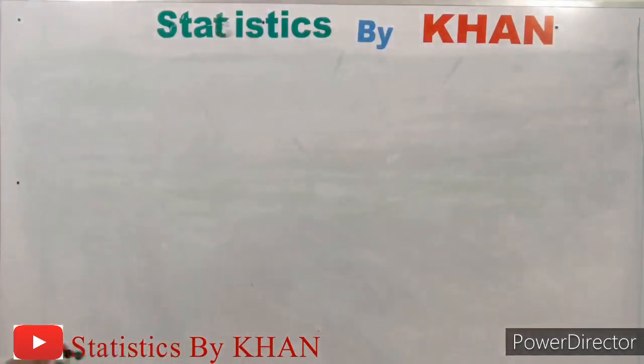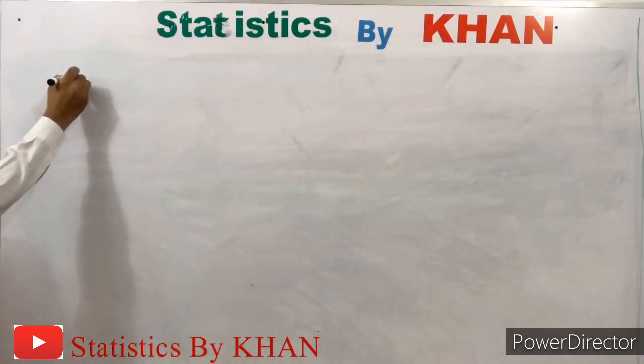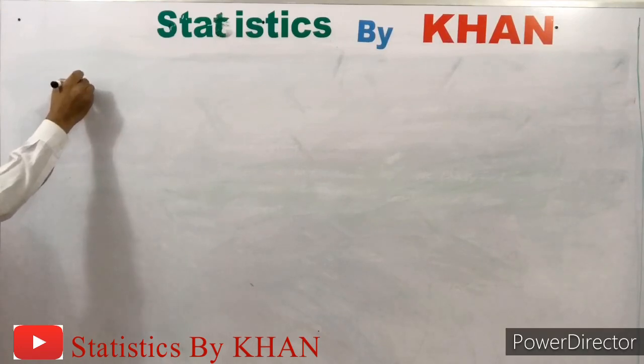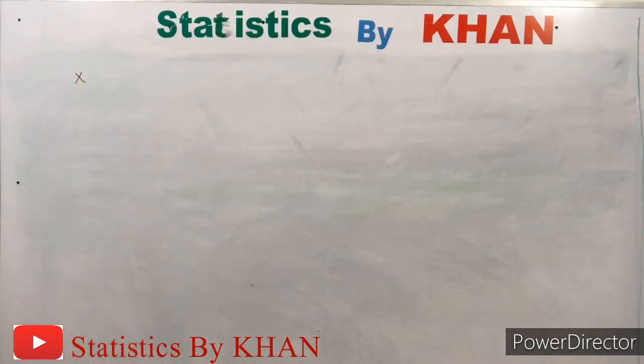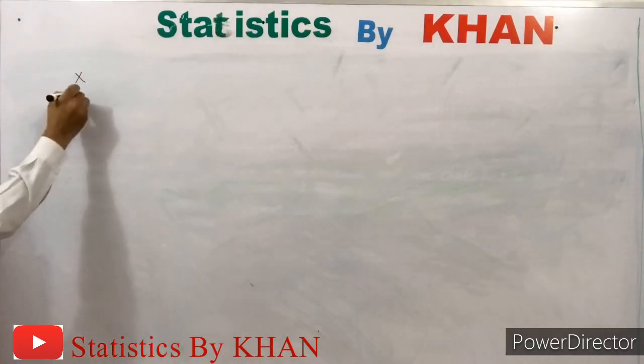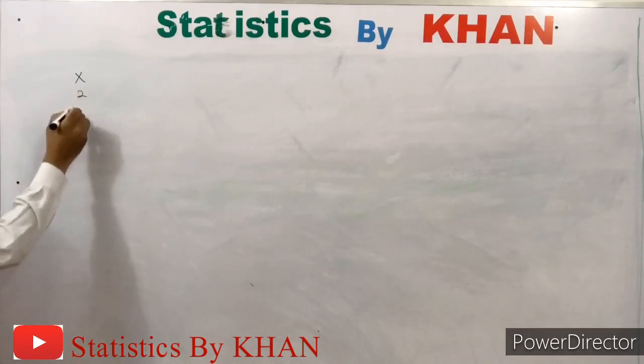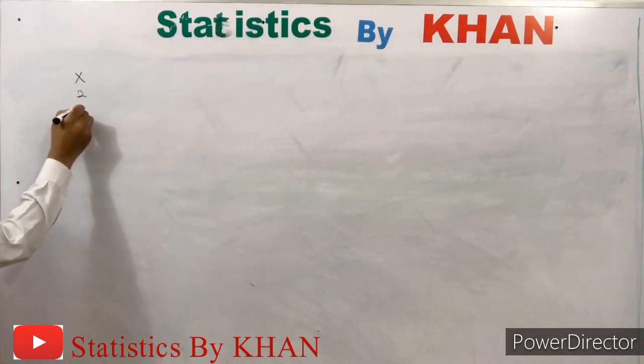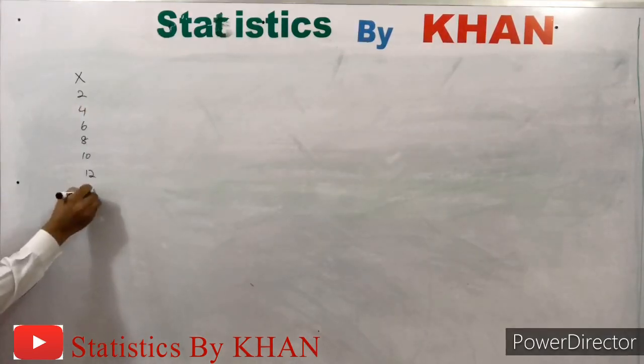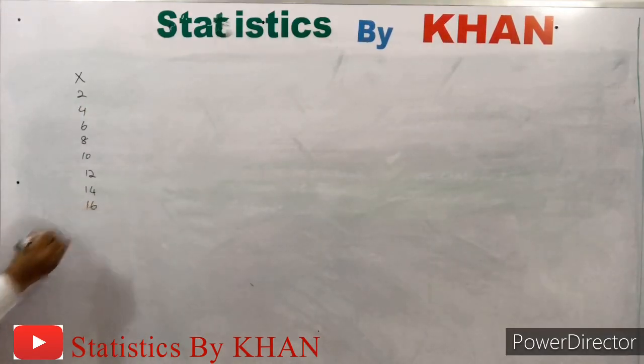Suppose we have a discrete data set. Let the variable be x. So different values of this variable x are 2, 4, 6, 12, 14, 16.